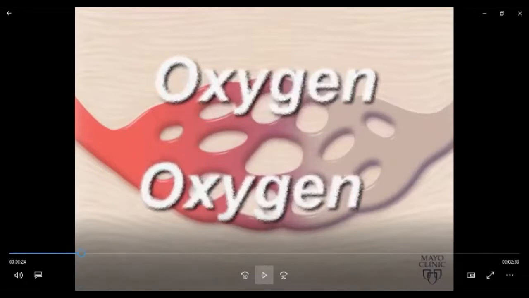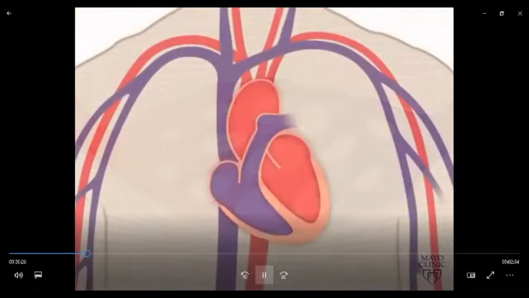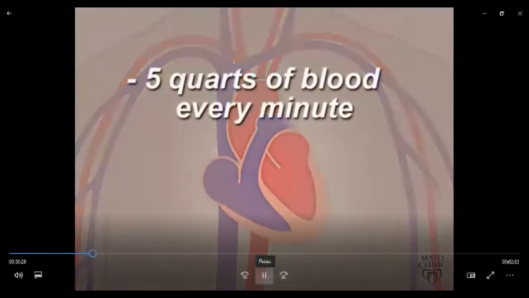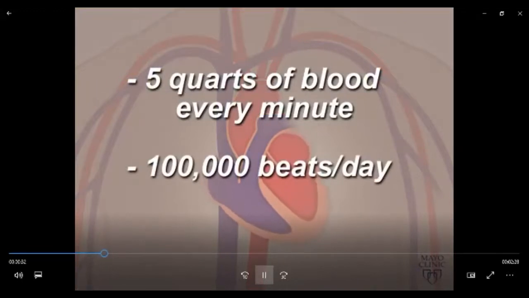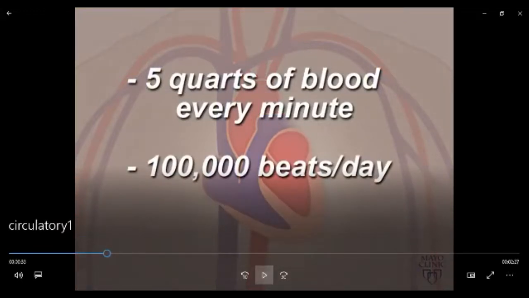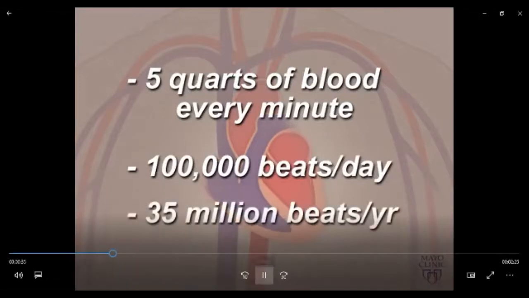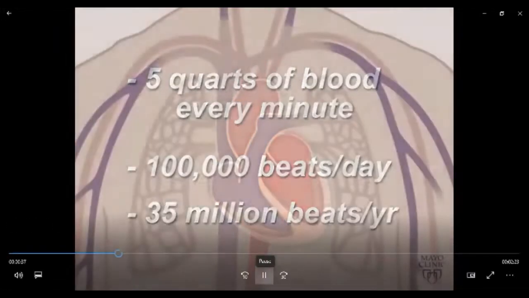So the blood vessels carry the oxygen through the rest of our body, and this heart will pump around 5 quarts of blood every minute, or around 100,000 beats per day. Without us noticing, it beats that much, even more.